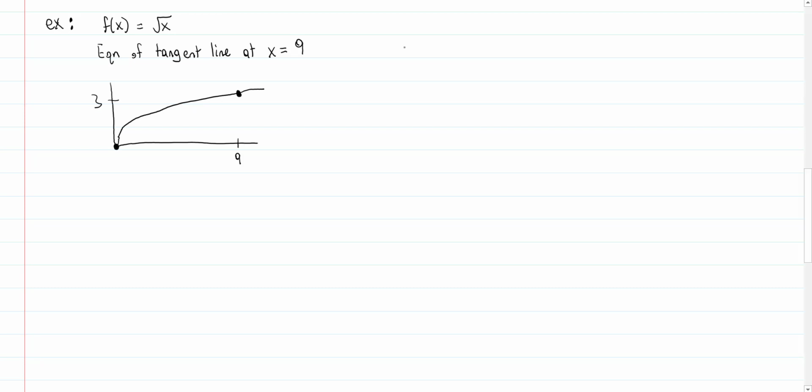So for the equation of the tangent line, we already have a point that it passes through, so we already have our y0 as well as our x0. What we need to do is calculate the slope of the tangent line, and then we will be finished.